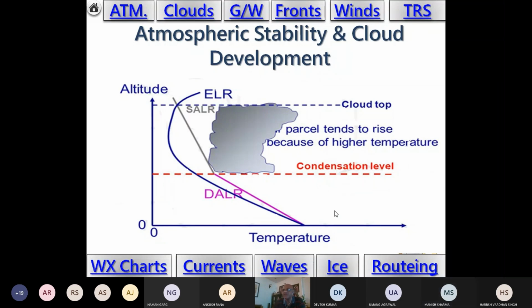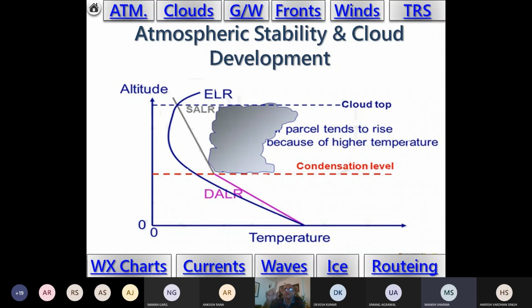But many times you have cloud cover also, it is cloudy. So air at that level, if it continues to rise because it has become moist and dense, it will cool at the rate of SALR. Sir, but where will it stop? Where does this SALR stop? Exactly, when this temperature by SALR has cooled to this extent and the surrounding temperature is absolutely the same, it will stop rising.